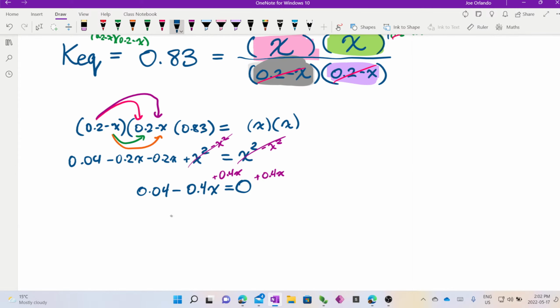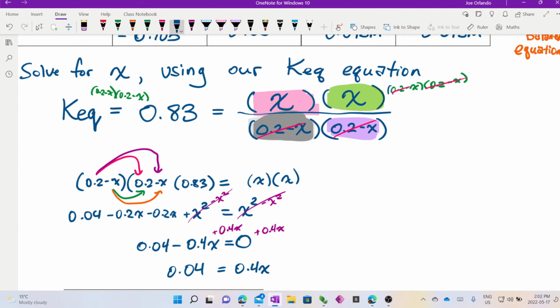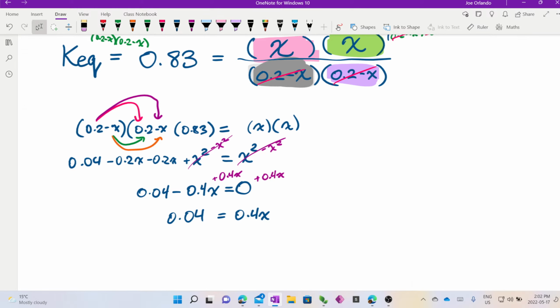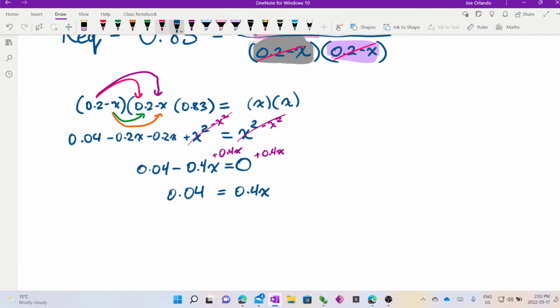So now I've got 0.04 equals, very good. And now I think we're actually going to see that when I looked on the other page, on Desmos, I was seeing a bit of a rounding, but that's fine. Because what should my last step be? Divide out the 0.4.